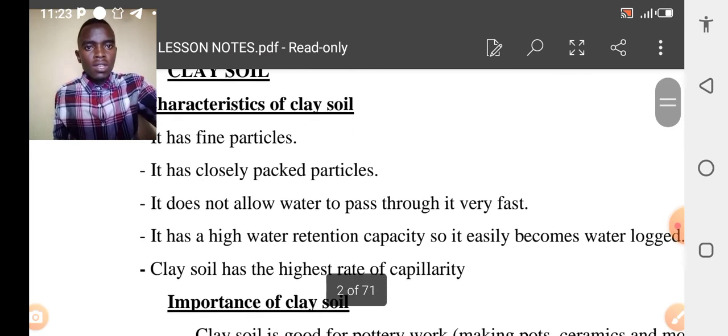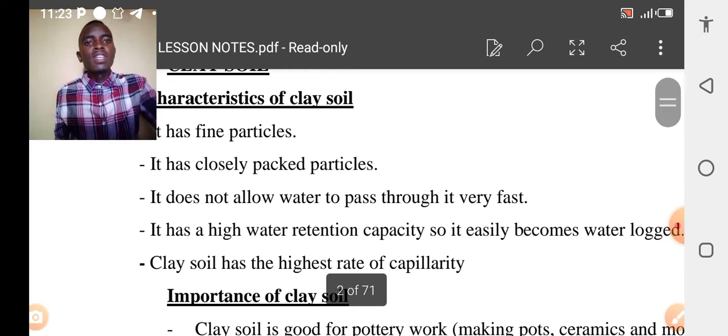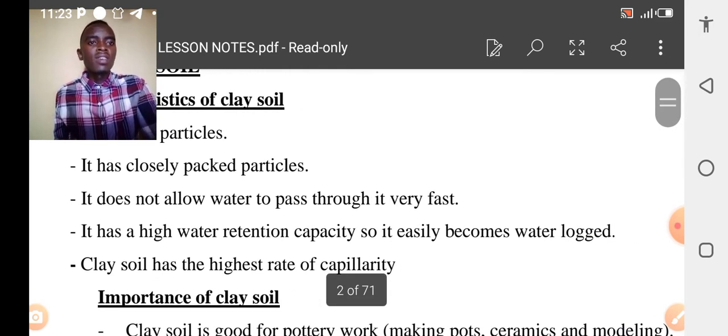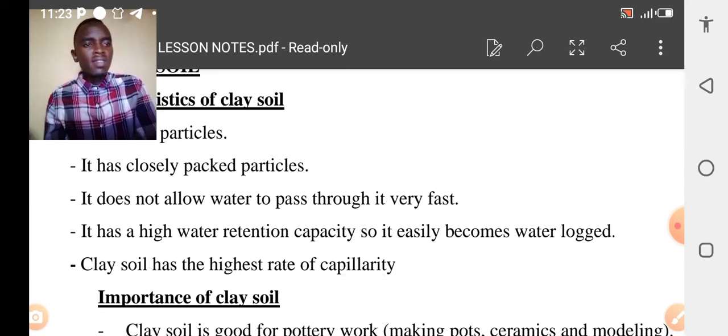First, it has a higher water retention capacity, so it easily becomes waterlogged. When you add much water to clay soil, it becomes waterlogged.